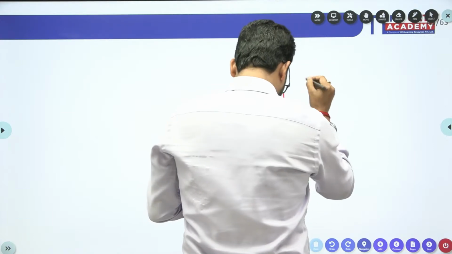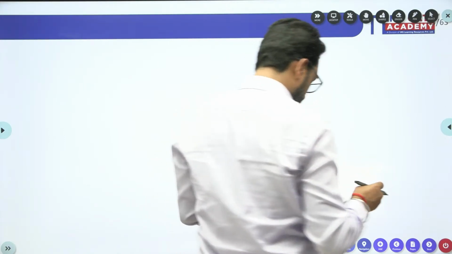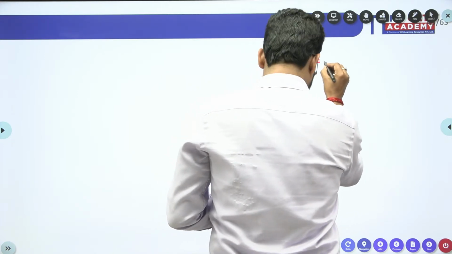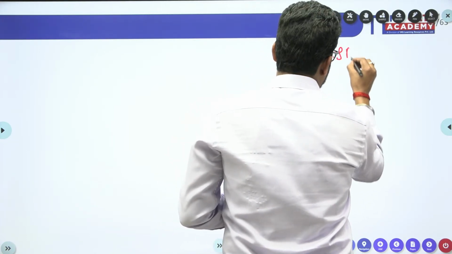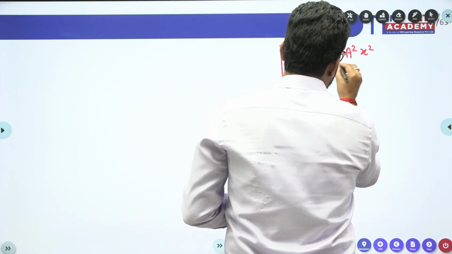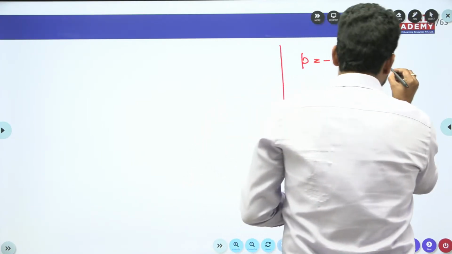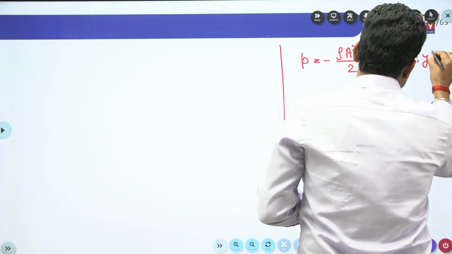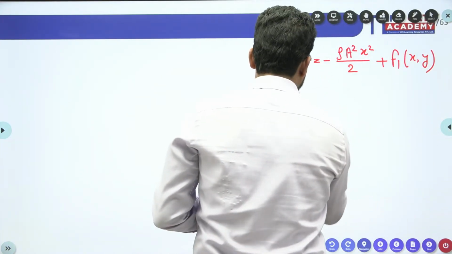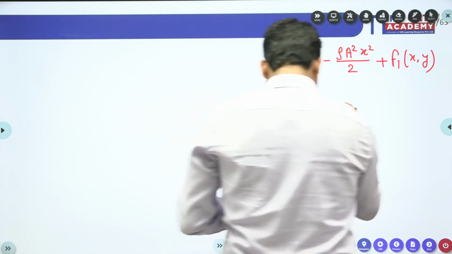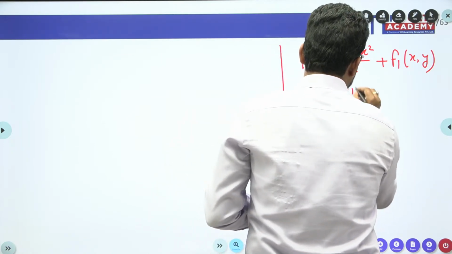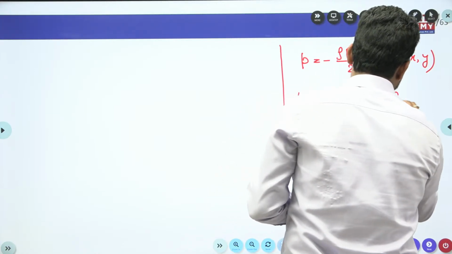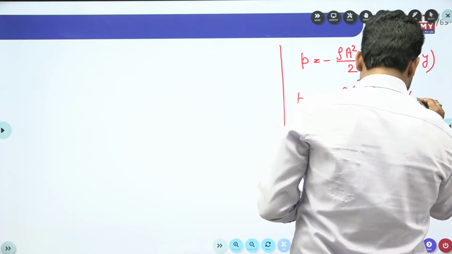X momentum equation: P is equal to minus rho A square X square by 2 plus F1 XY. This is X direction momentum equation. Y direction pressure: minus rho A square Y square by 2 plus F2 XZ.